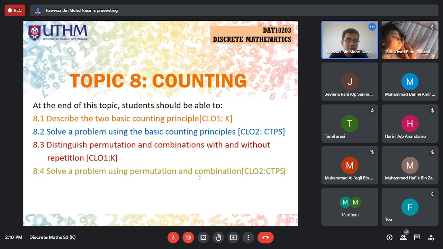Then the second subtopic kita tengok macam mana nak solve a problem using the basic counting principles. Then the third subtopic we'll look at how to distinguish permutations and combinations with and without repetition. And lastly, we'll look at how to solve problems using permutation and combinations.